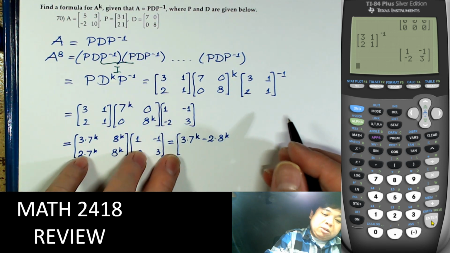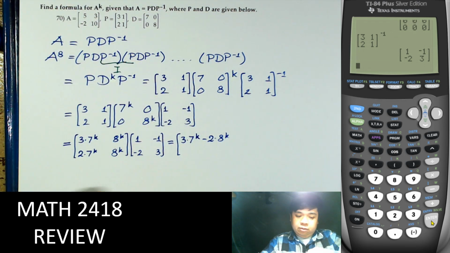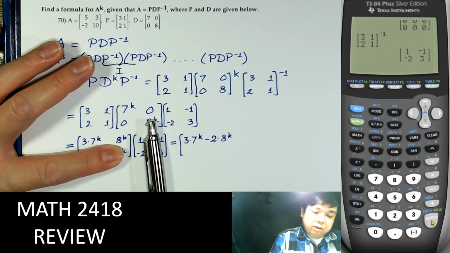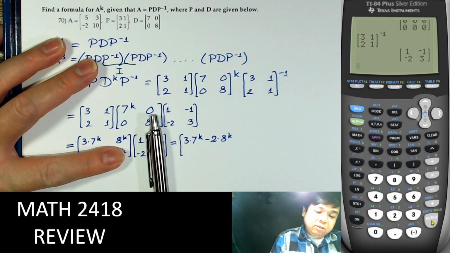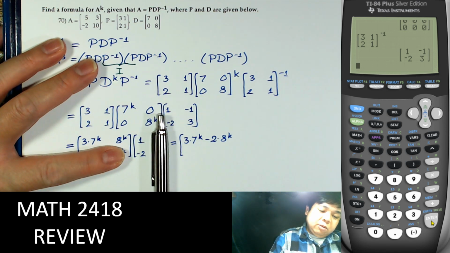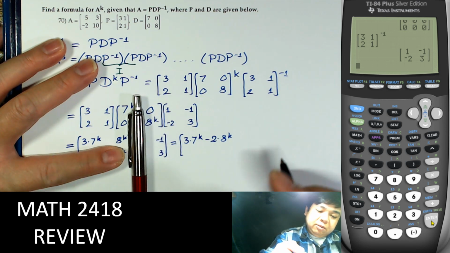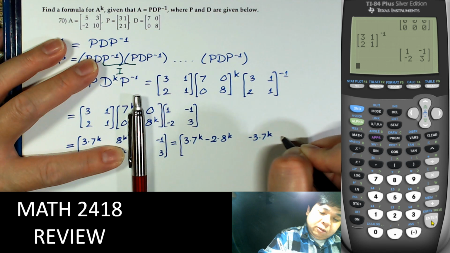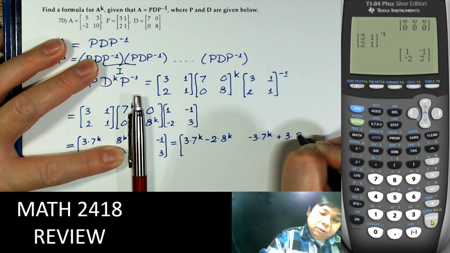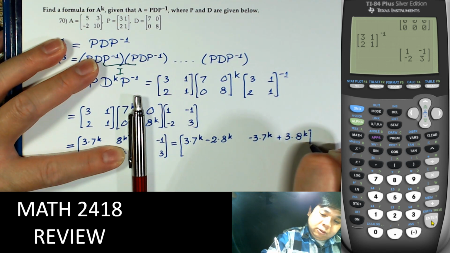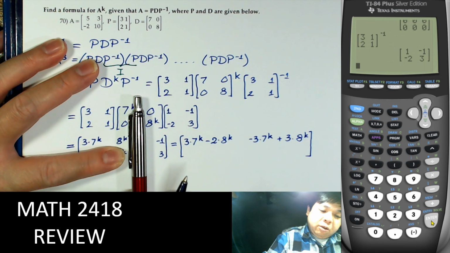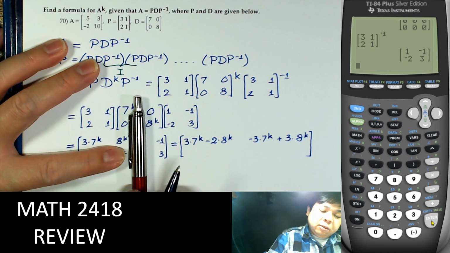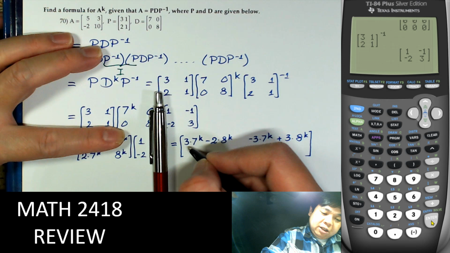And then row times column, row times column. Now times this column. Right? And the second row times that.